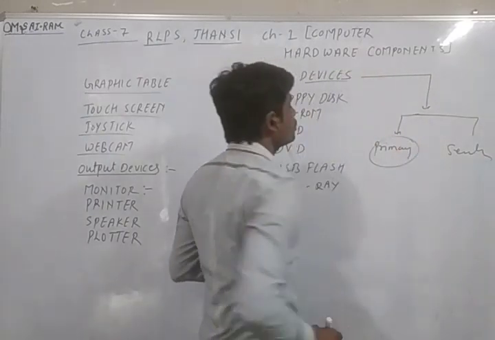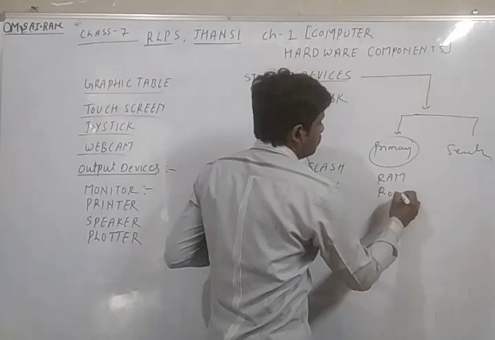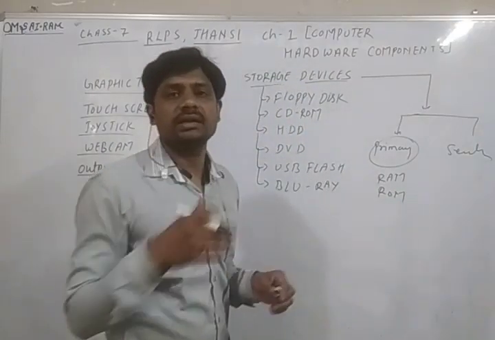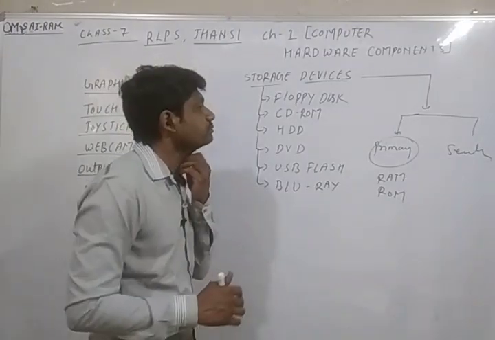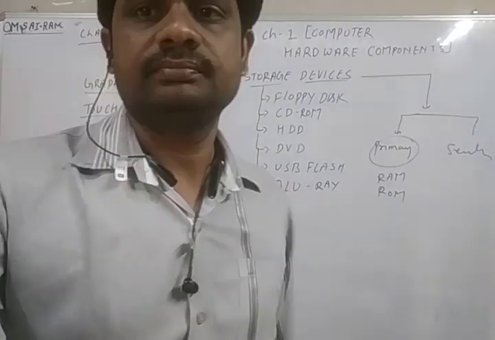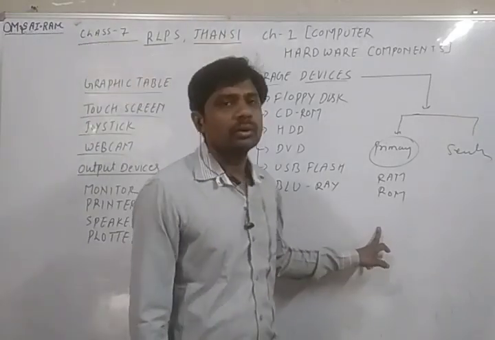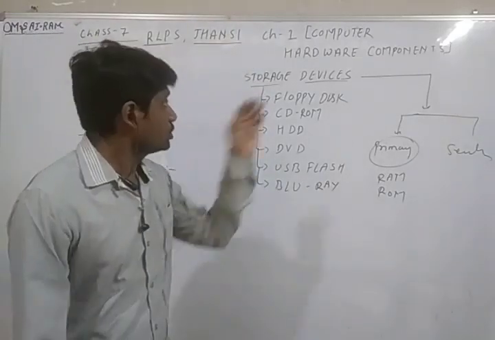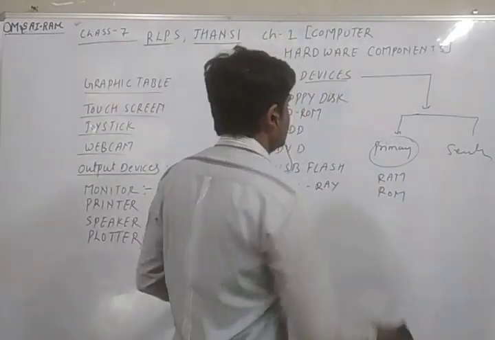So primary storage means like RAM, ROM, and secondary like hard disk, floppy disk, CD-ROM, etc. So RAM and ROM, they all are primary memory. Now, children, the others are examples of secondary storage devices.